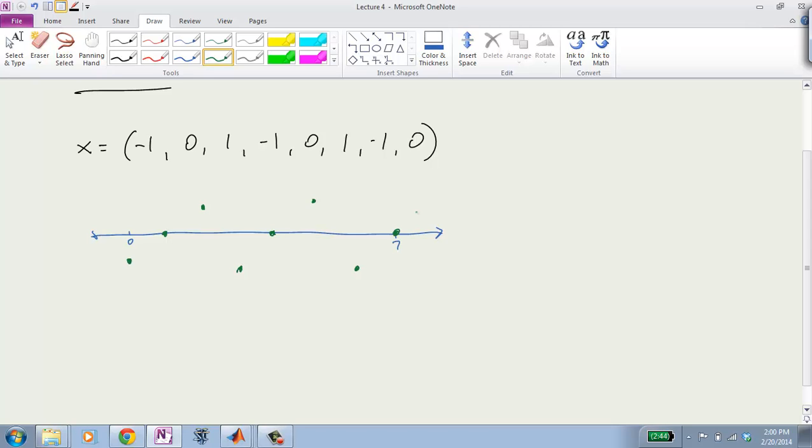Now, maybe this vector came from an actual continuous time signal that was sampled. That's what happens when we are looking at sound signals that have been sampled, and then we end up with a discrete time signal. So even though this vector should be interpreted as a discrete time signal, I'm going to just draw in something to say, okay, maybe it actually came from some continuous signal. Maybe that signal looked like this, and then maybe it was sampled.